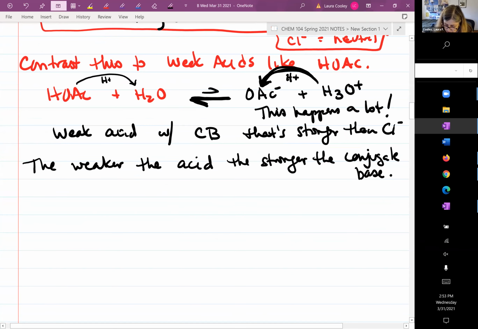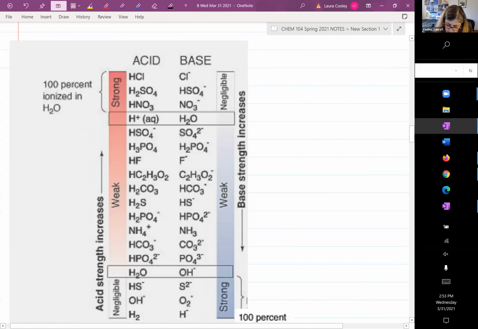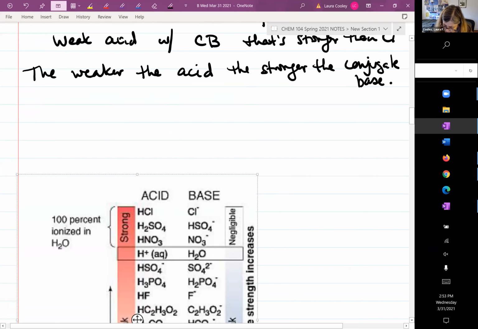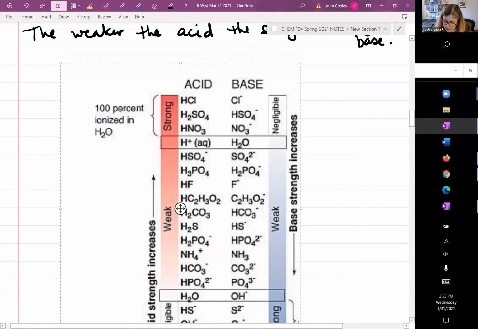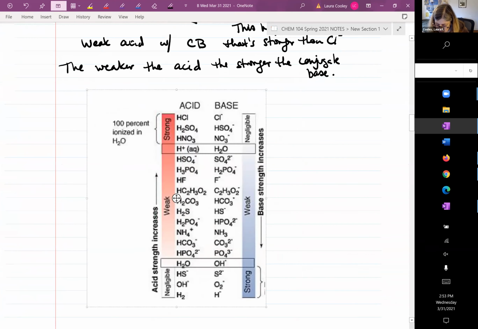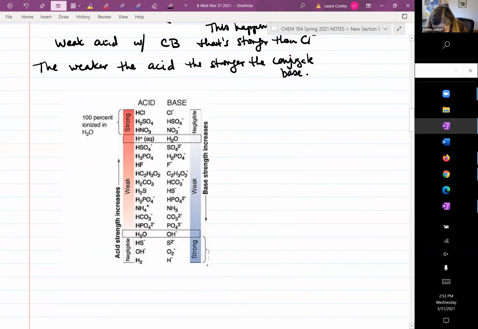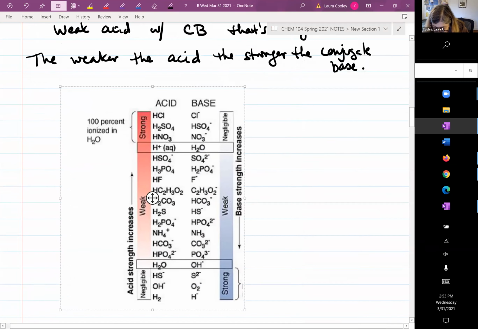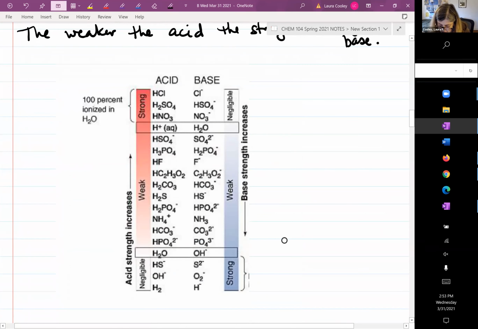And I have a chart here. This is in the activity handouts for this unit. What we have here is a list of acids, HCl, for example, a strong acid.